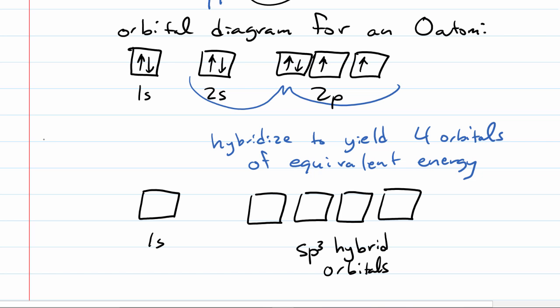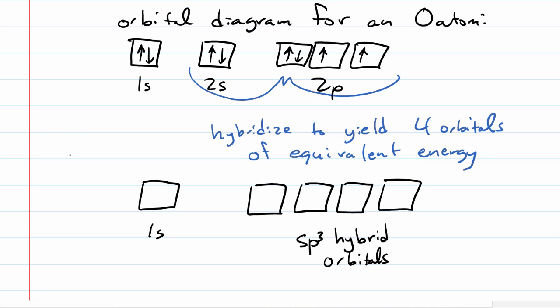Now, a hybrid is something that takes on traits of both parents. One of the traits of an s orbital is it's simply one large lobe, and a p orbital has 2 lobes of equivalent size. So what an sp3 hybrid orbital looks like is something like this.